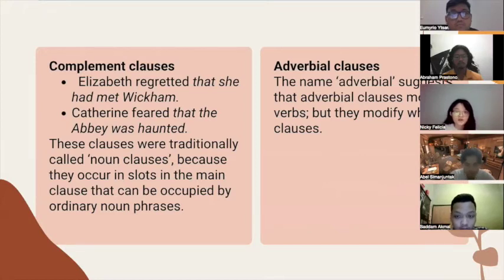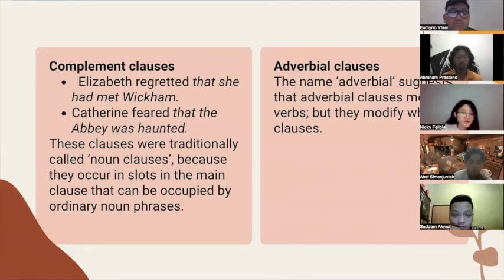So in the first example, Elizabeth regretted her action and Catherine feared the general's temper. The contemporary label complement clause reflects the relationship between the clause and the verb of the main clause.